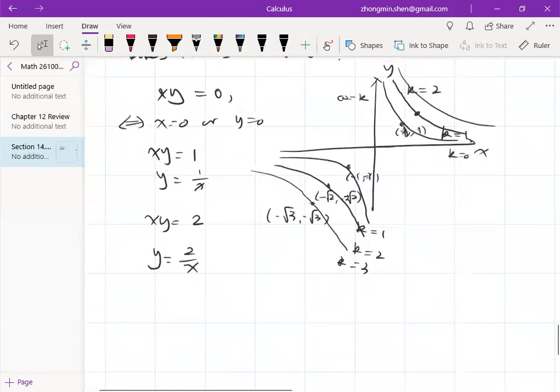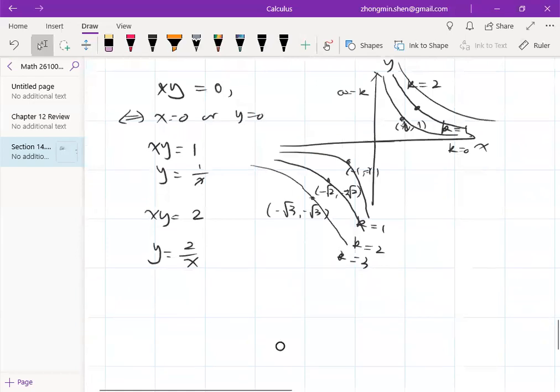I'm curious, if you're asked about the levels, how many do you specify? Usually 3 makes sense, 3 curves are enough, at least to give me enough information to see what it looks like.